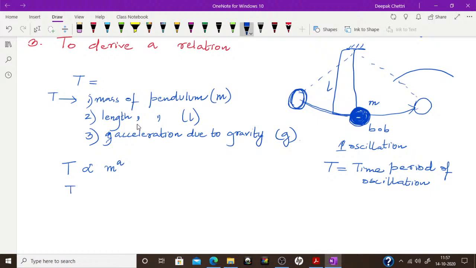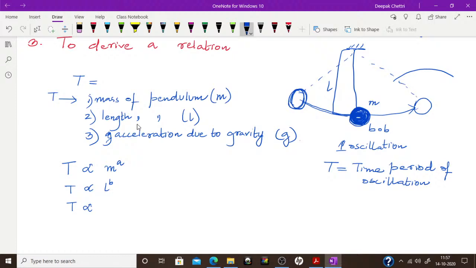In the same way, let us say T is related to l by this relation. It's directly proportional. This symbol, I hope you know, directly proportional means if this quantity increases, this will also increase. Directly proportional means they are related to each other by this relation. That means if one increases, the other increases, and if one decreases, the other decreases.